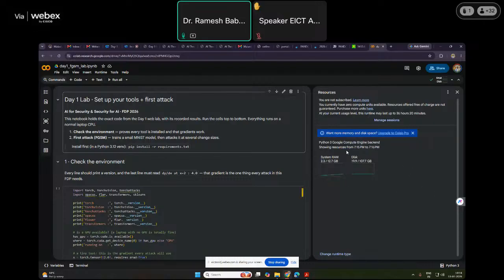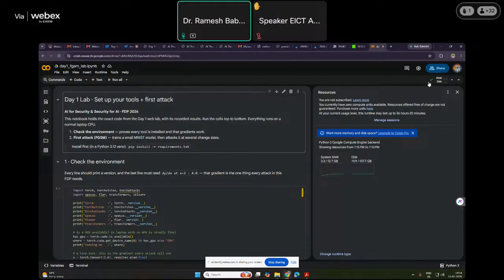Now, one caveat: these resources are only available for 2 or 3 hours at most, because Google Colab is a free service. If you are running code which takes more than 2 or 3 hours, your entire progress will be lost. So any code base with an execution time of roughly 2 hours, you can run easily on Google Colab.